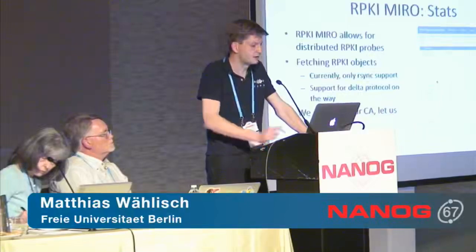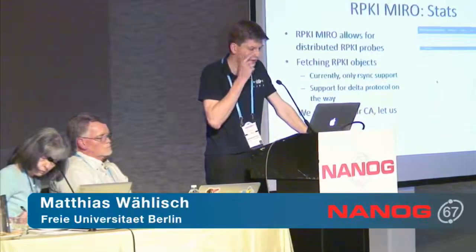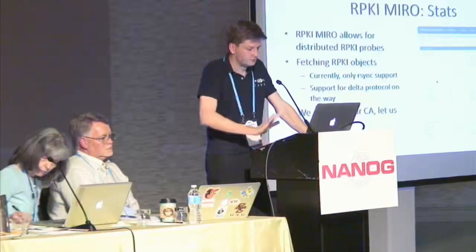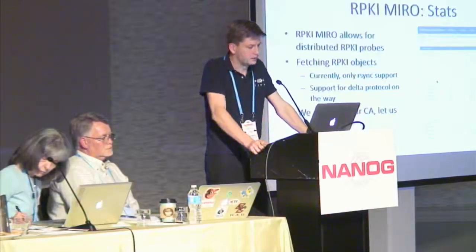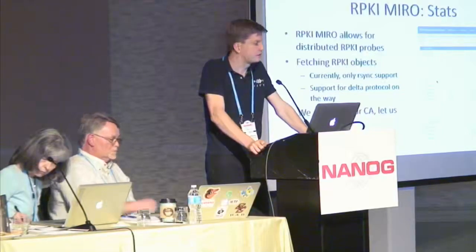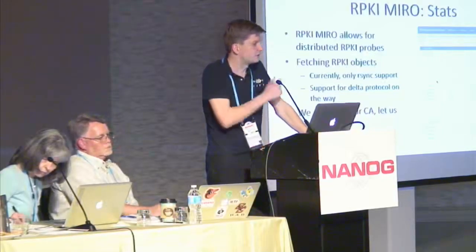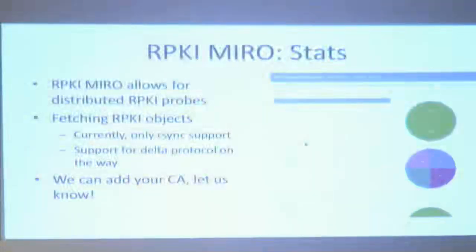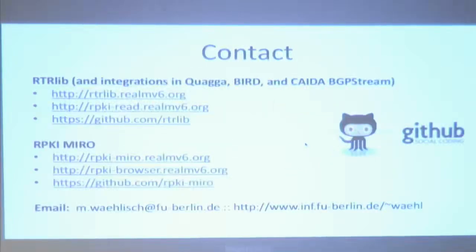As I said, the currently publicly available browser includes mainly the five RIRs' CAs, but if you do not want to host this at your site, you can also let us know your CA, if you implemented a delegated RPKI model, and we can add this for you.